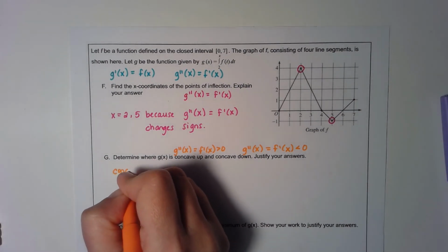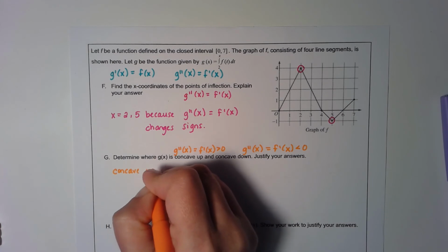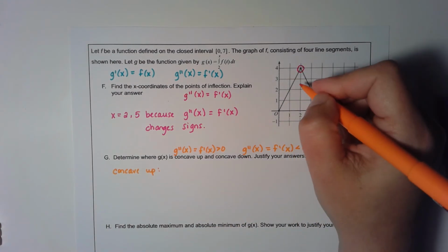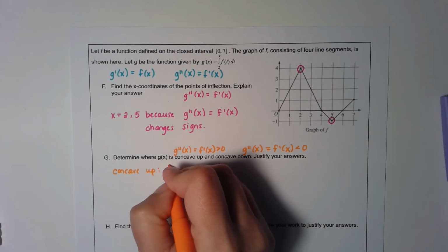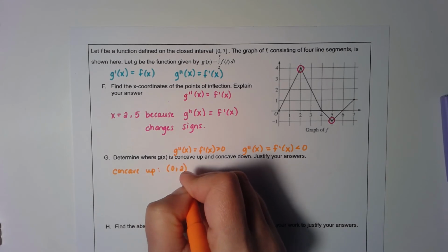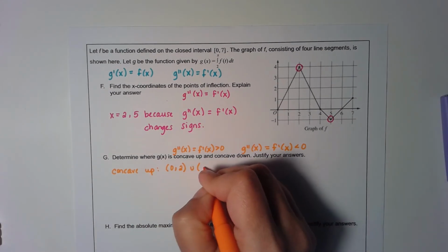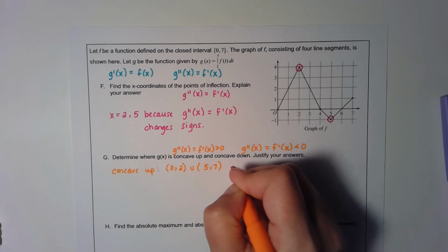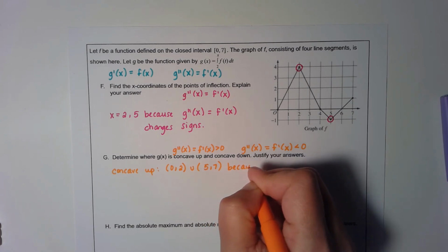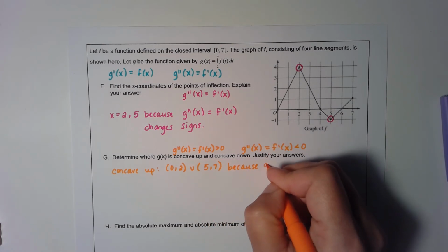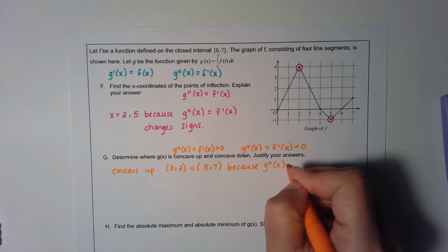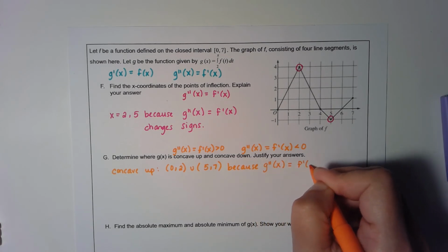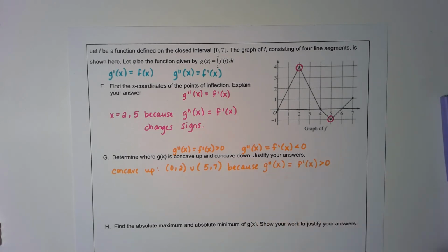So we're going to say concave up from 0 to 2, and we're going to use open brackets here, and also from 5 to 7, because g double prime of x, which is equal to f prime of x, is greater than 0.